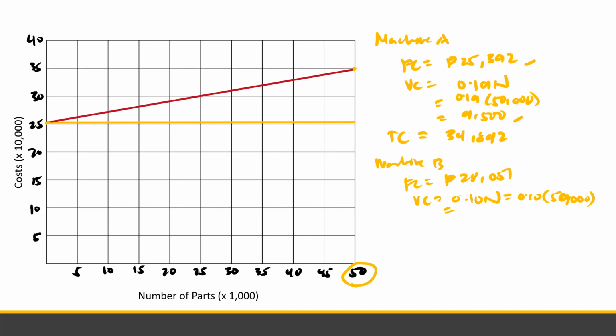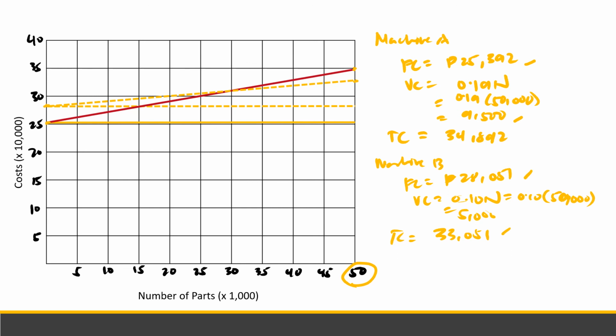So the variable cost will be equals to 5,000 pesos. And the total cost for machine B is equals to 33,051. So fixed cost is 28,000. So siguro mga nandito. Ganyan. And then the total cost is equals to 33,051. So siguro mga nandito.